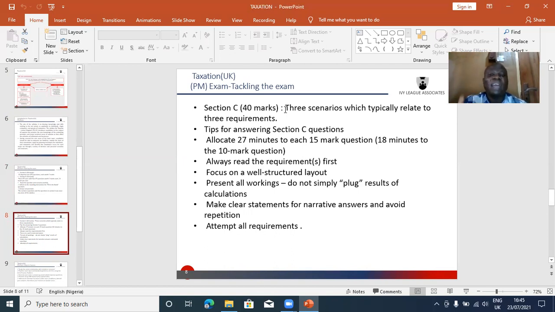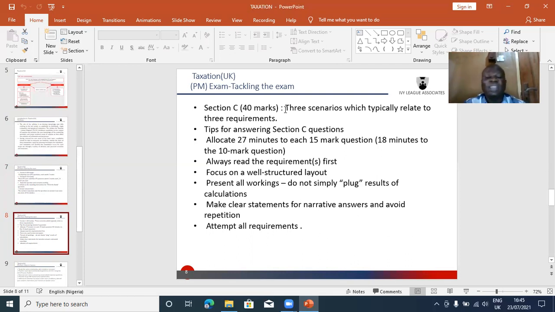By the time you add 54 minutes with 18 minutes, you're going to have 72 minutes in all for Section C. Each 15-mark question should take 27 minutes, and the 10-mark question should take 18 minutes.